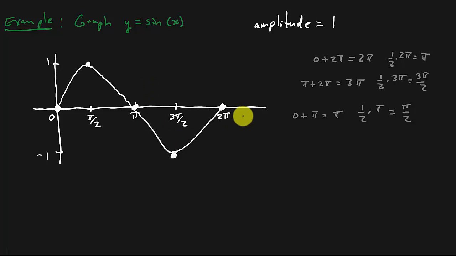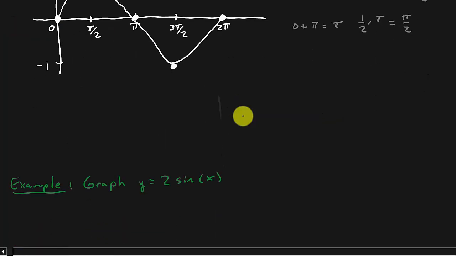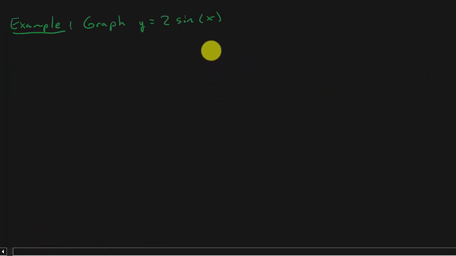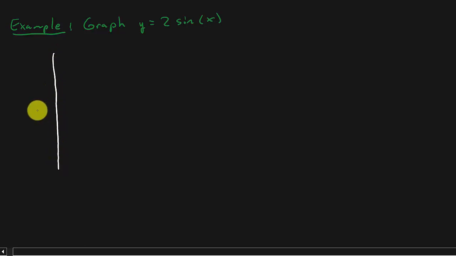All right, let's look at another one. Here I want to graph y equals 2 sine x. Same thing. I'm going to graph it from 0 to 2 pi. So what's my amplitude?